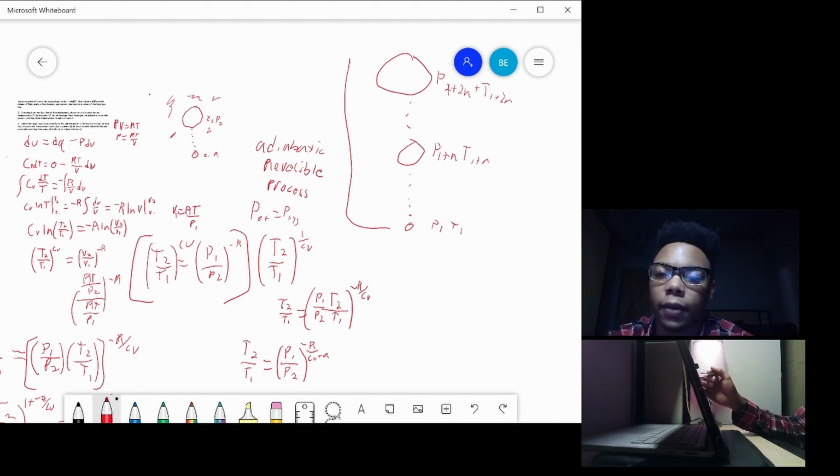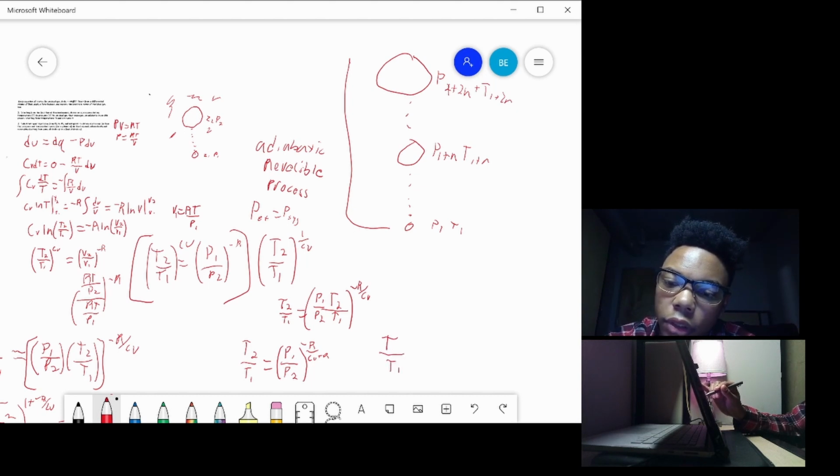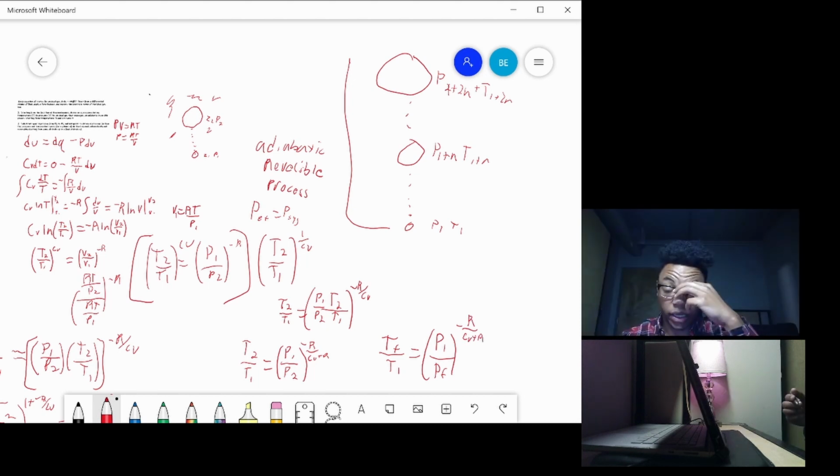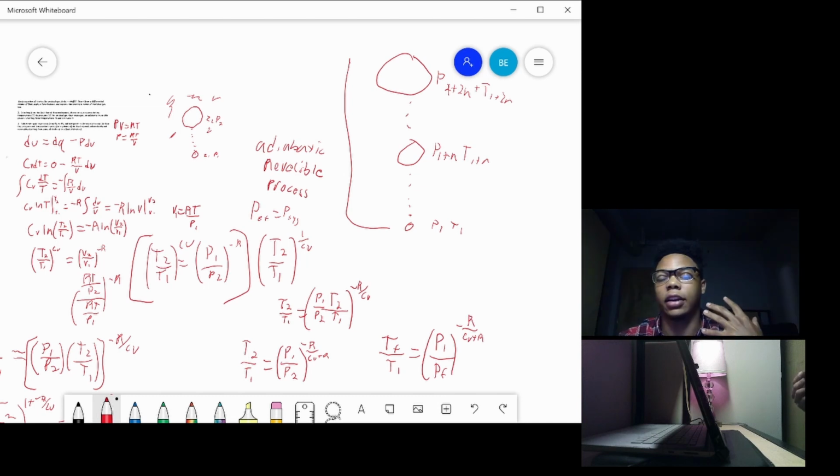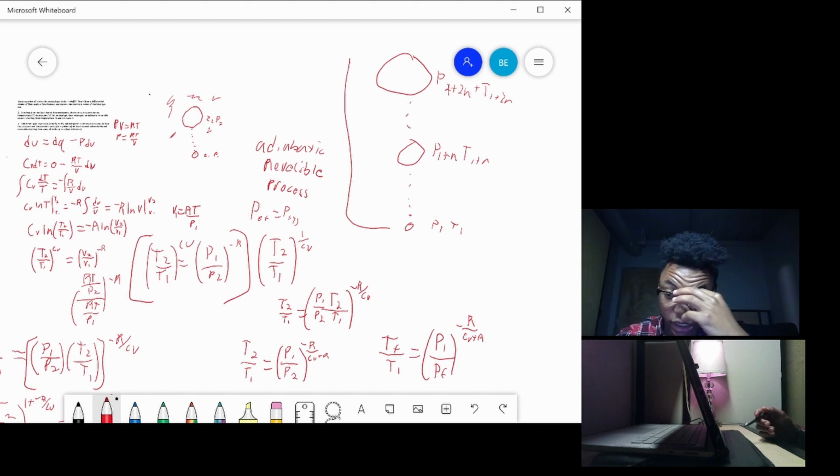What I'm saying is that we can also write this as T over T1, so our final temperature is going to be equal to our pressure 1 over our final pressure to negative R over CV plus R. So we're able to relate this equation to any change in a system of adiabatic reversibility for any pressure or temperature, starting from initial to whatever change it likes to do with its instance and height.